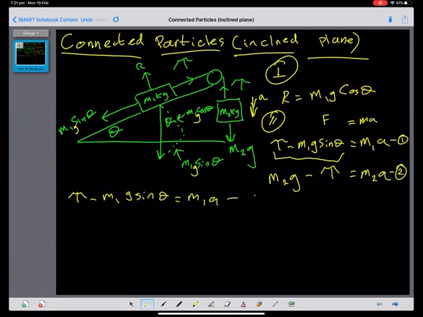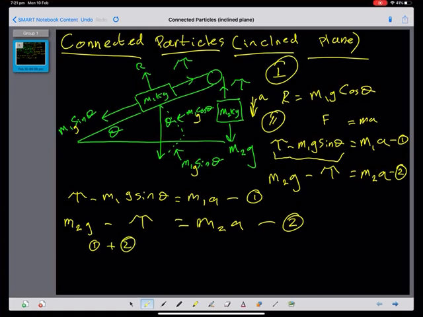Equation 2 is m2 g minus tension equals m2 a. Let's add equations 1 and 2. The tensions cancel out, so we've got m2 g minus m1 g sine theta, and then we're left with m1 a plus m2 a.